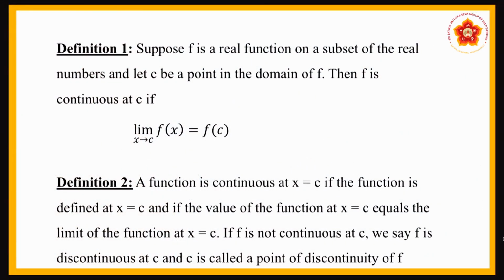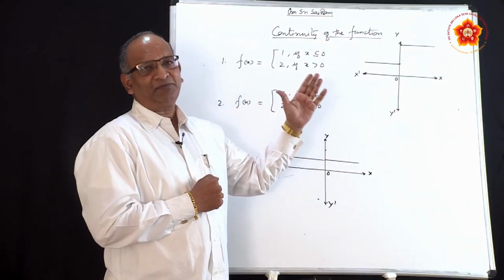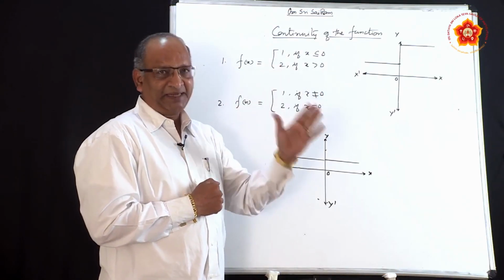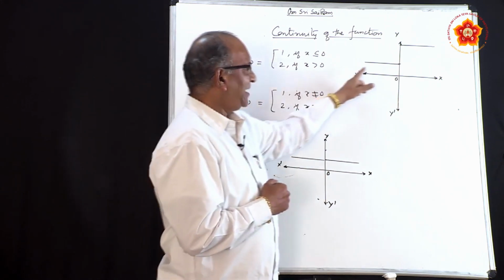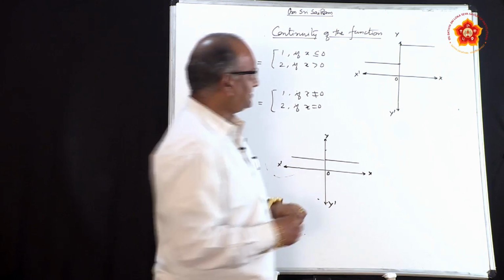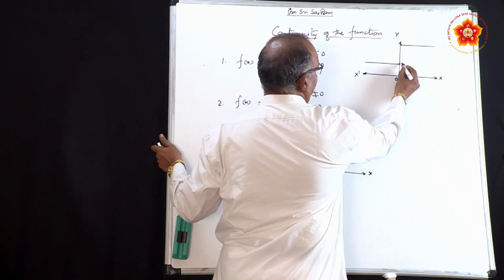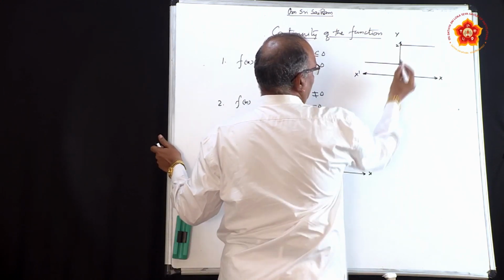Let us look at the first example. f(x) equal to 1 if x is less than or equal to 0. Means what? Any value if you give less than 0, let us say -1, -2, -3, -4, for all of them the value of y is 1. Let us say this is 1 and let us say this is 2.